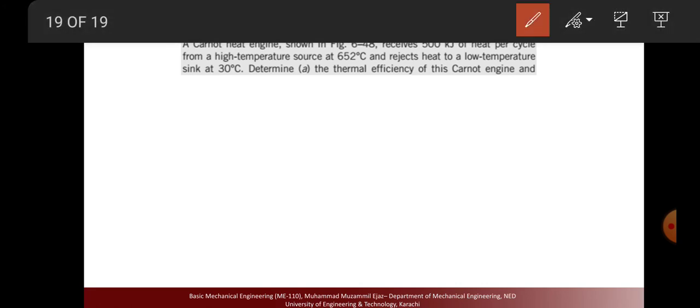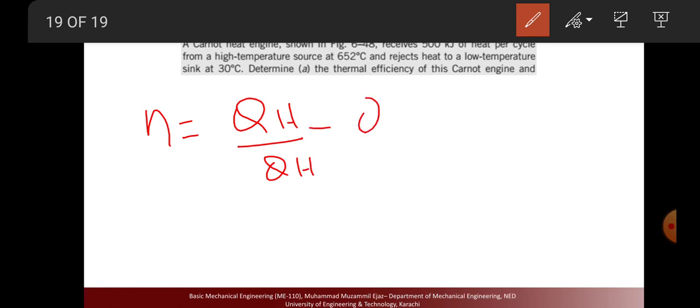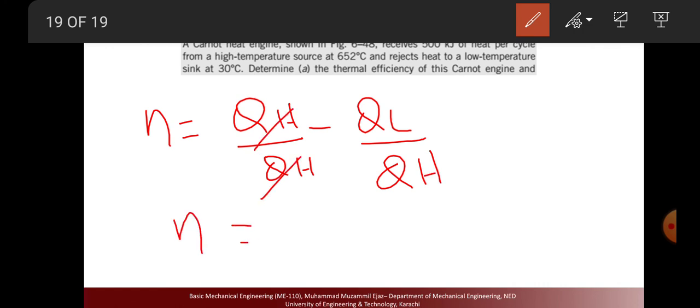When we open the numerator and denominator, we have n is equal to QH upon QH minus QL upon QH. Now the QH will be cancelled.